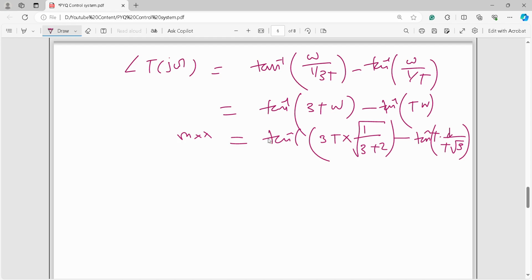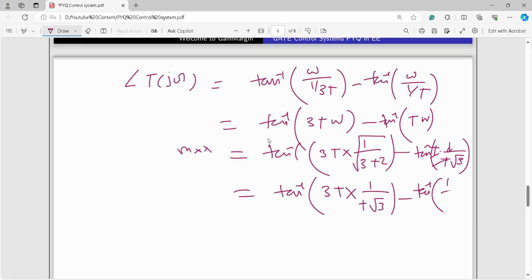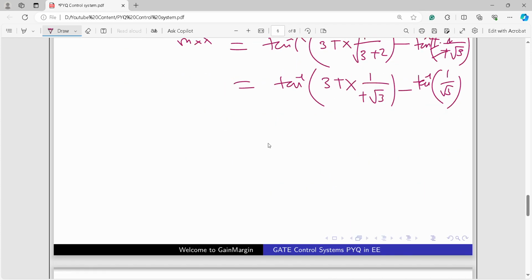So tan inverse 3t into that is coming out as under root 3 minus tan inverse, t and t cancel out, 1 by root 3. All right, and then here t and t cancel out, root 3 minus tan inverse 1 by root 3.